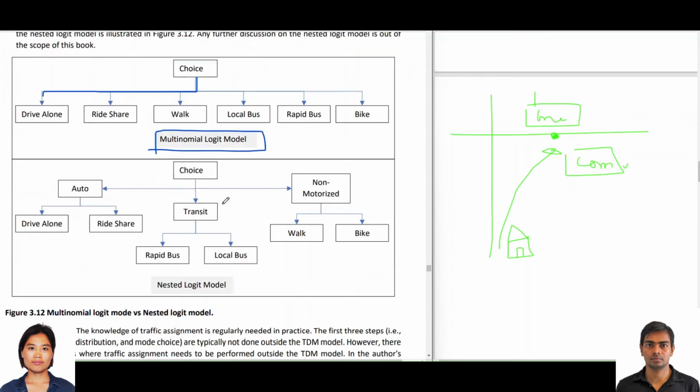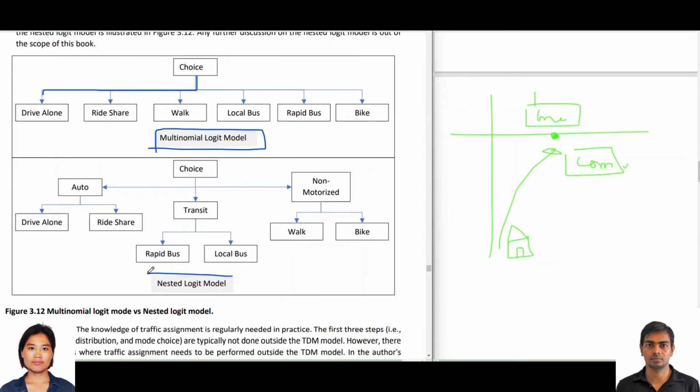However, in practice, the nested logit model is used. In the nested logit model, first we look at whether the person would choose auto or transit or non-motorized, and then let's say they choose non-motorized, then whether the person would choose walk or bike. So this is the nested logit model.